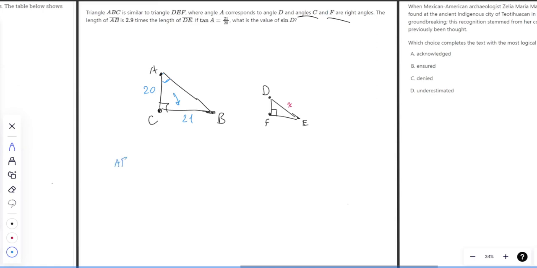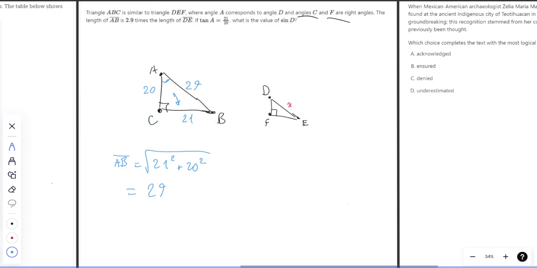So the length of AB is equal to the square root of 21 squared plus 20 squared. Who's done that math already? Because I haven't, but I'm doing it right now. And the square root of 841 is 29. Okay, so it is a triple.